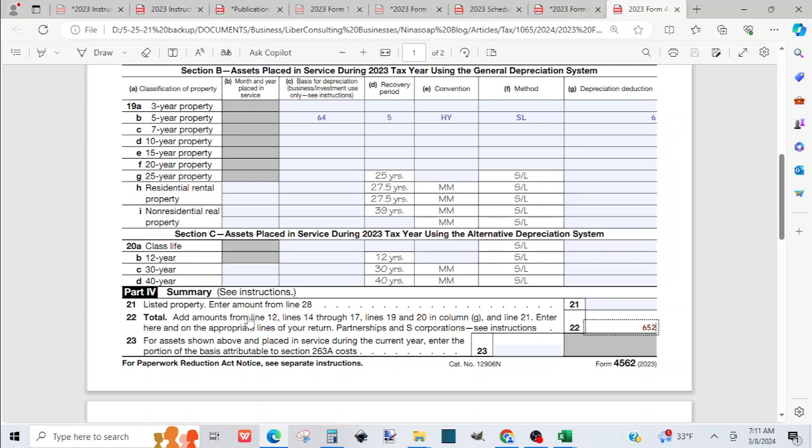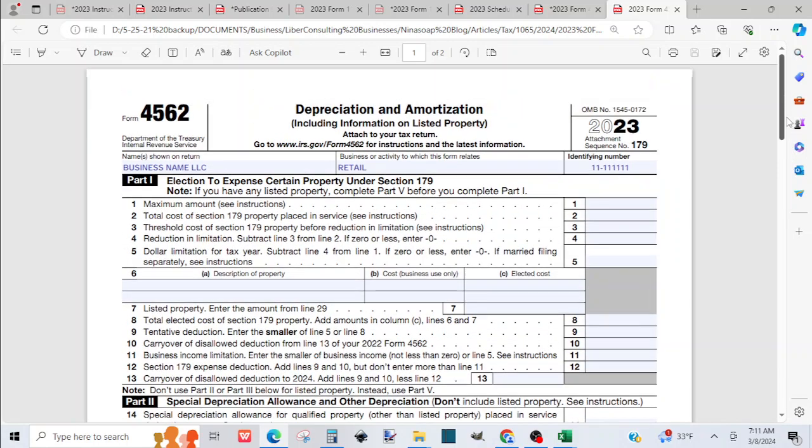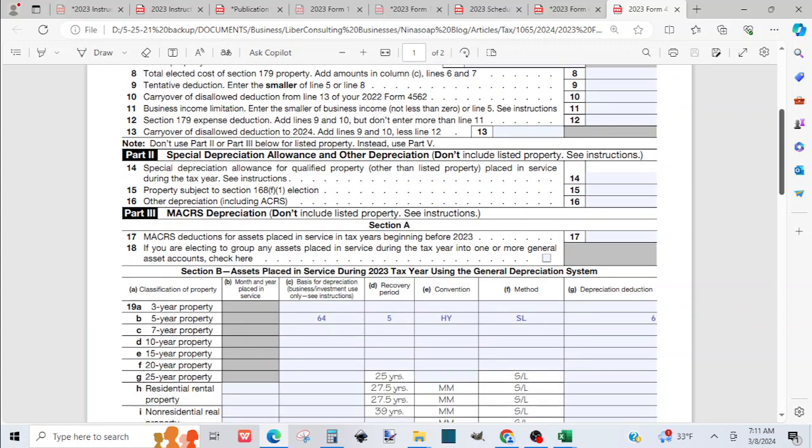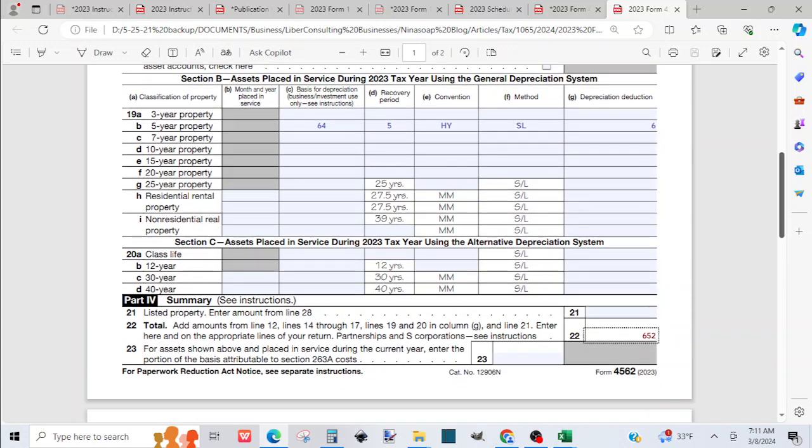It will split, take the line 22 amount, put it on Schedule K for you, and put the depreciation amount on the depreciation row. But in your draft that you are doing, the depreciation amount, which is Part 2 and Part 3, will go on the depreciation line.